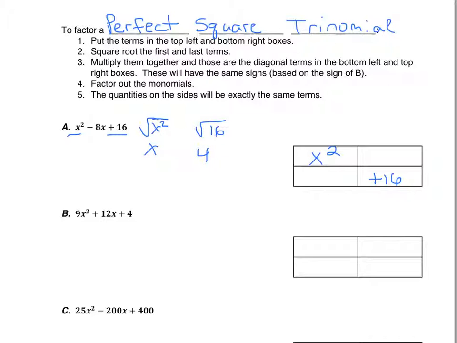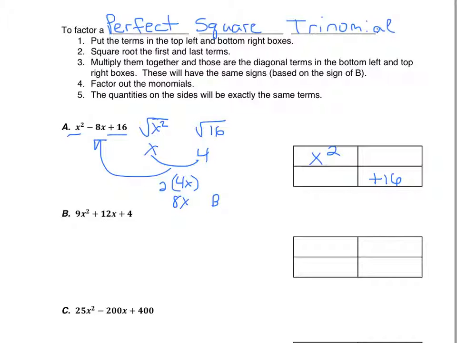And to see if it's a perfect square, if I take x times 4 and double it, do I get 8x? So x times 4 is 4x. If I double that and get 8x, I actually match my b term. So this is b.